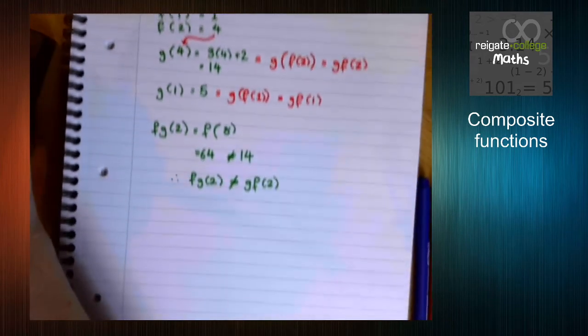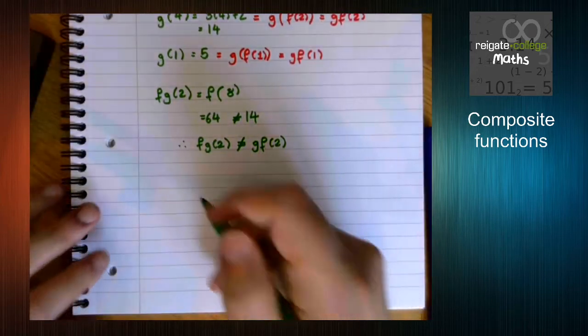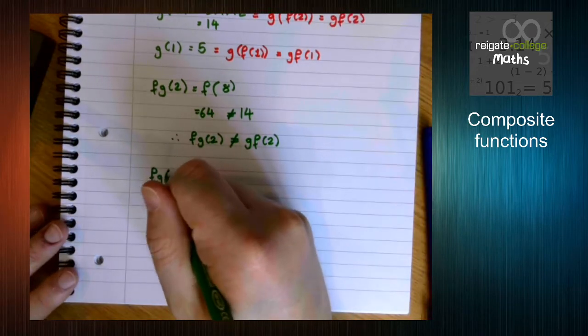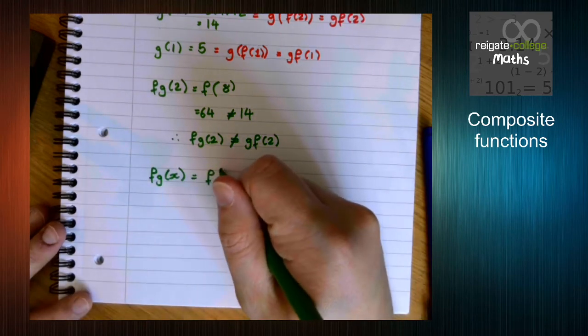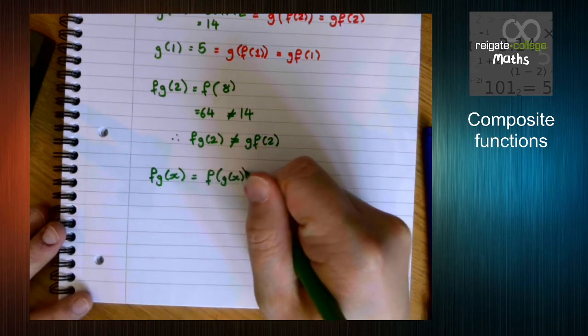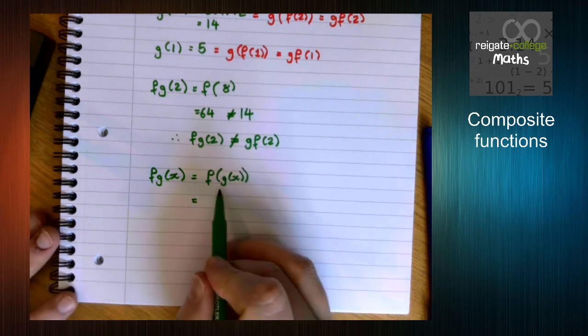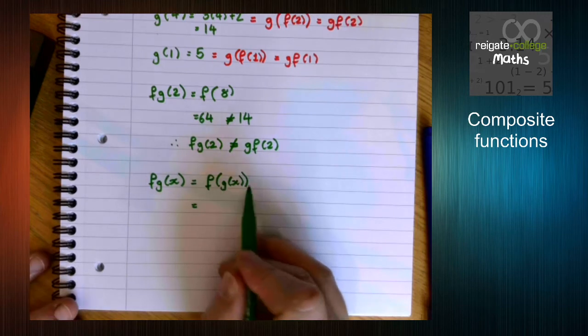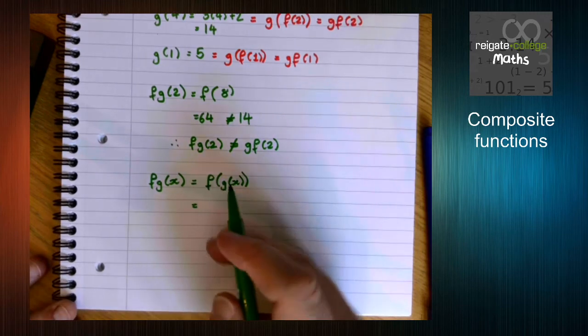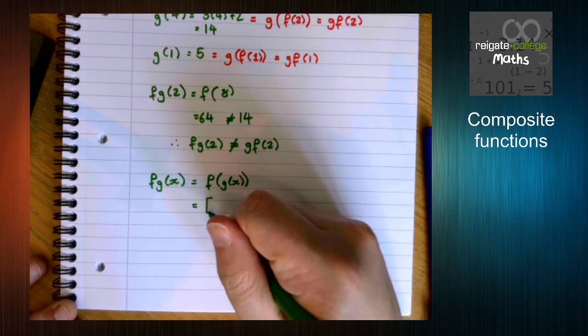So what about finding fg of x? Well, this is f of g of x. So what we're going to do is take the x in f and replace it with g of x.